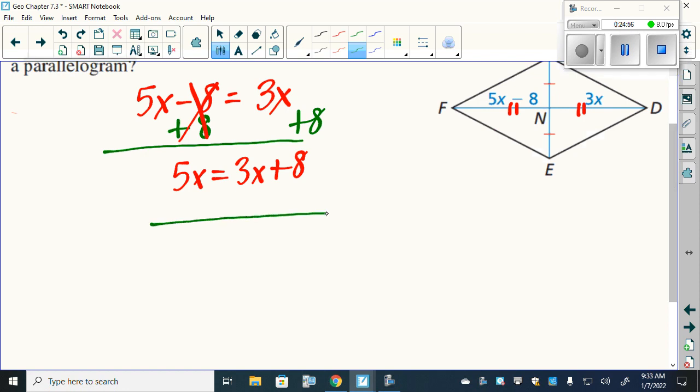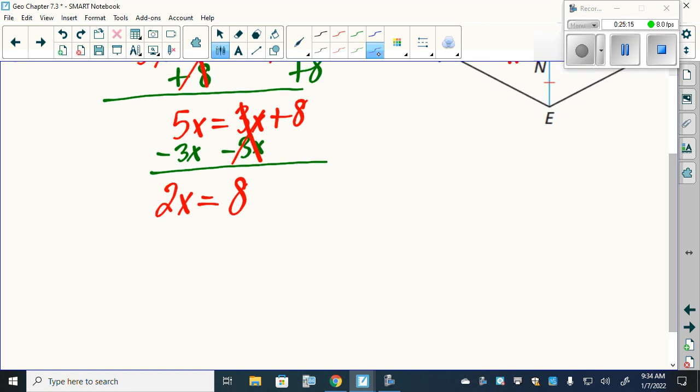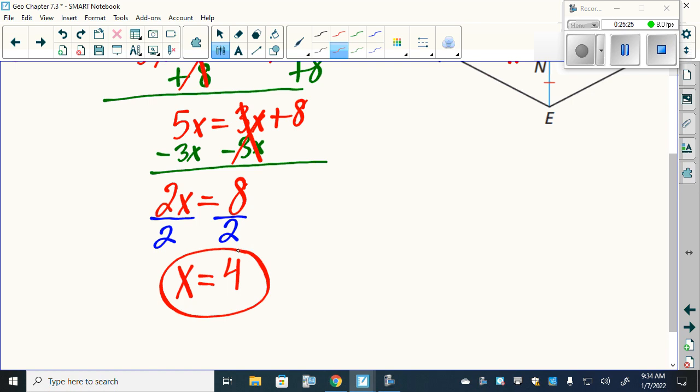Subtract 3x from both sides, which will tell us that 5x minus 3x is equal to 8, because 3x minus 3x is 0. Then what can we do? Divide both sides by 2, which tells us that x is equal to 4. So the value of x that would make this be a parallelogram is 4. That's it.